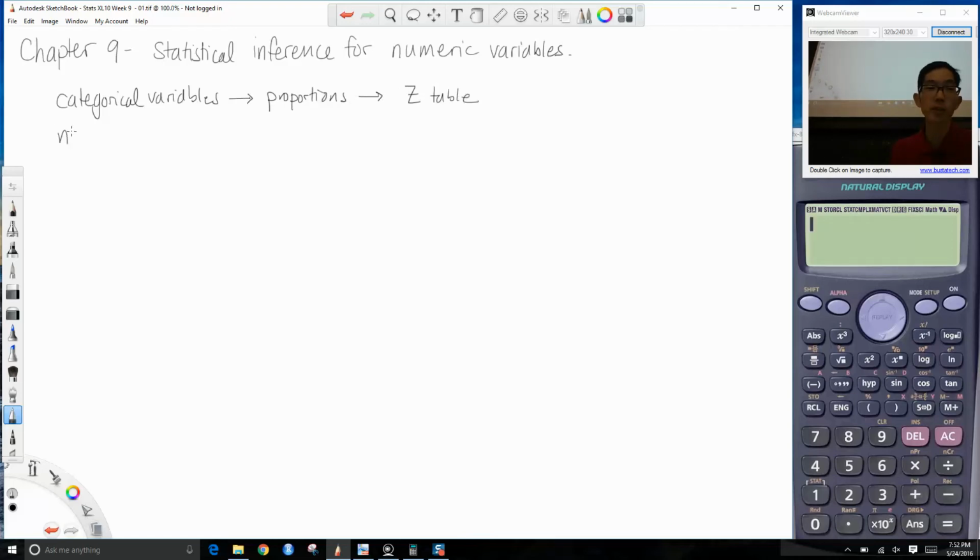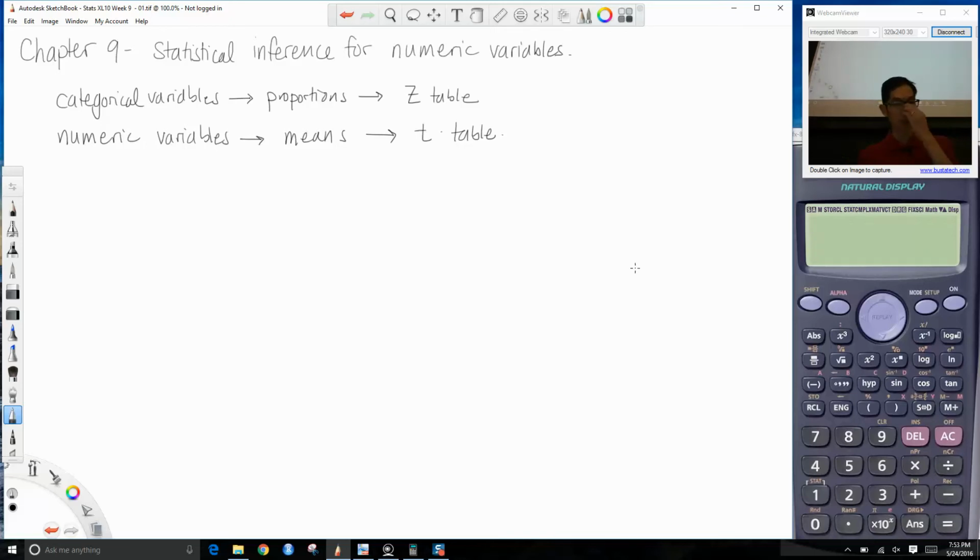Over here, we are going to have numeric variables, and we will be dealing with means, and we will use the t-table.